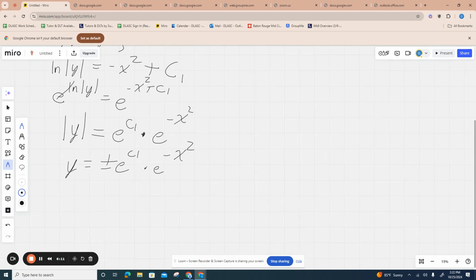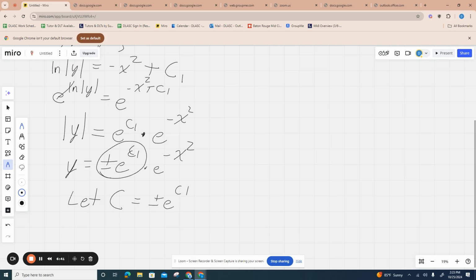And now we're almost done. Now we just have to clean this right side up. Here we can let our new capital C equal plus or minus e to the C1. And the reason we can do this is because this has become a new constant, right? If C1 is just a number, e to the C1 is just a number.